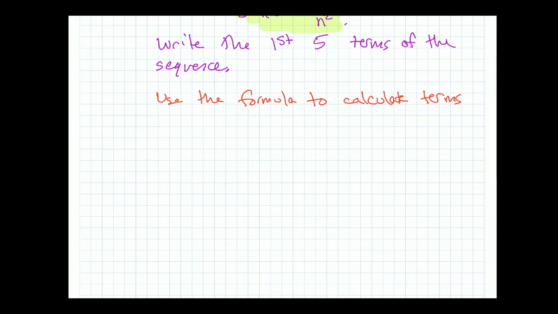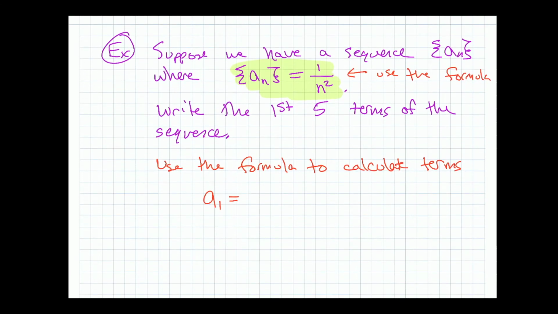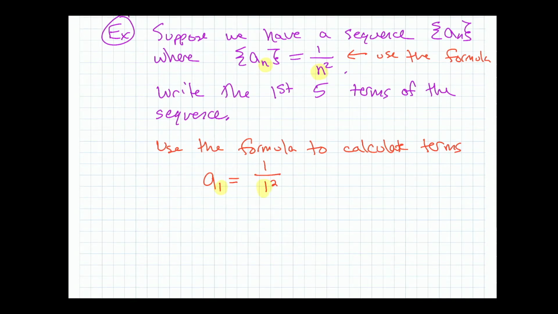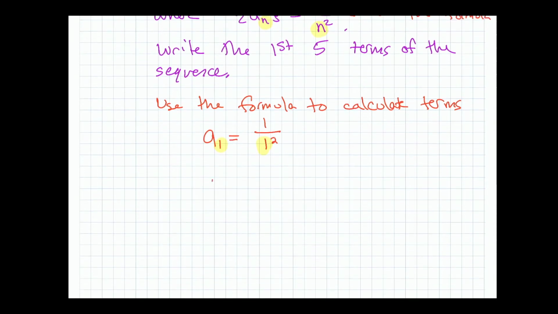It's easy enough to do. What is A1? You've got the n right here, and then you've got an n in the formula. So if I put a 1 where the n is, then I should put a 1 where the n is in the formula. So it's 1 over n squared, but that's going to be 1 over 1 squared. And if you want a2, that would be 1 over 2 squared.